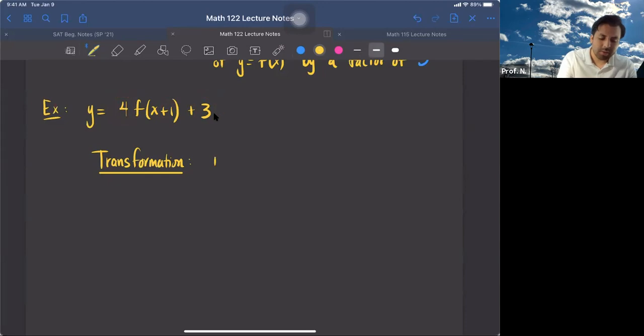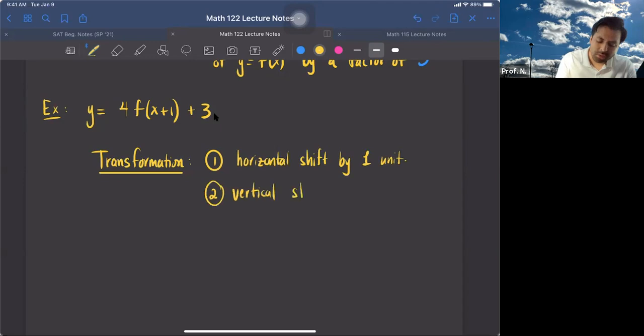So for number 1, what I'm going to do is the horizontal shift. We have a horizontal shift by 1 unit. Then number 2, we have a vertical stretch by a factor of 4.